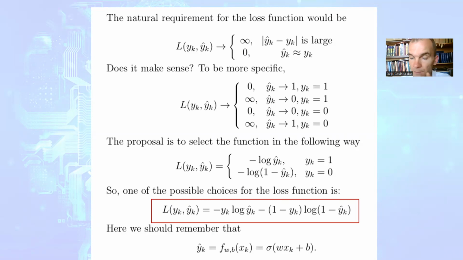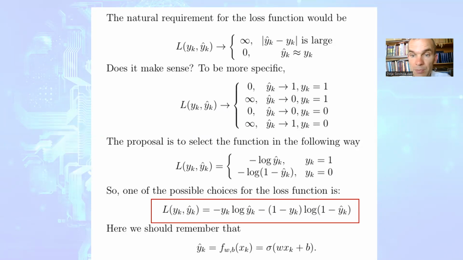To be more specific, if yk, the sample of the label number k, is equal to 1, this loss function should tend to be 0 if y hat is also close to 1.